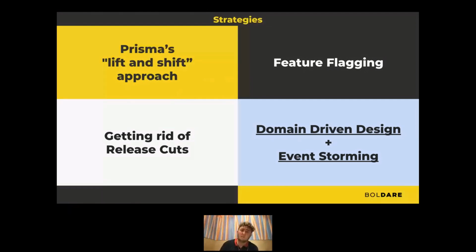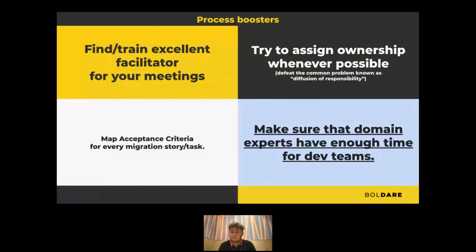And we got some process boosters. Train excellent facilitators. It's not that your manager will know how to run a product discovery workshop or how to do the user story workshops. You need to find the right person who knows and has the skills. Maybe it should be someone from our Scrum Masters at Boldare. Maybe you should hire somebody.